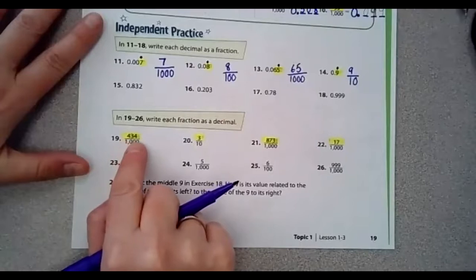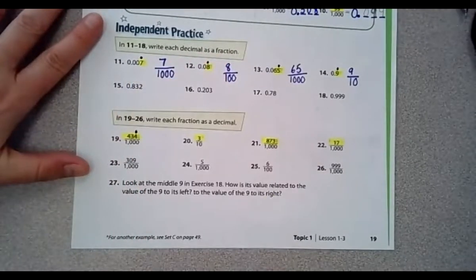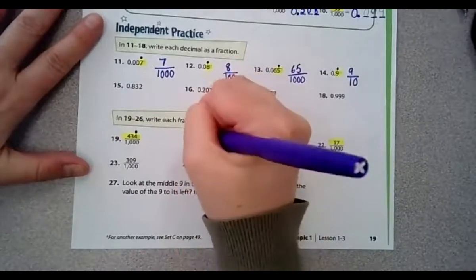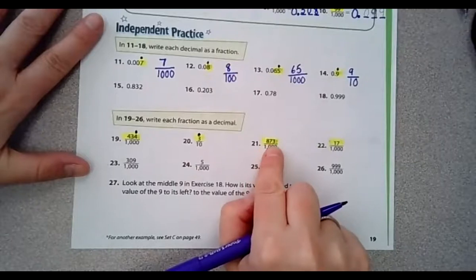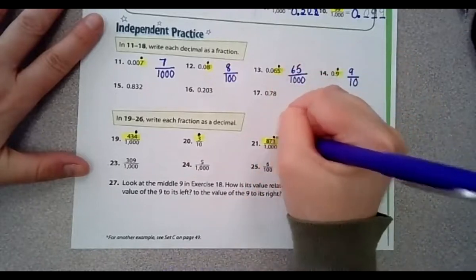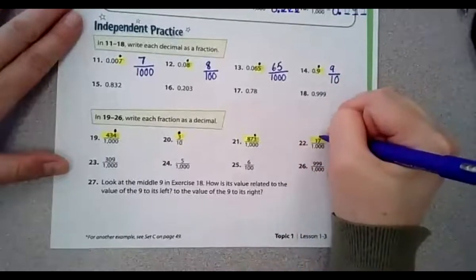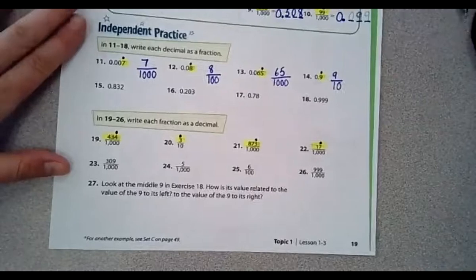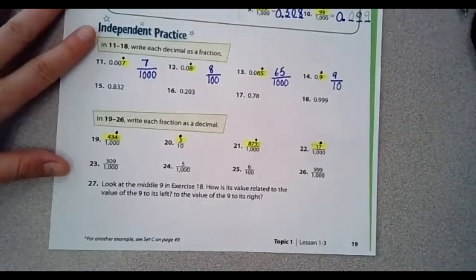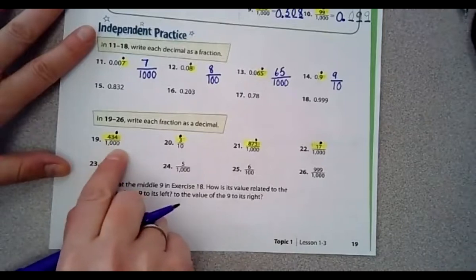So in 434, I'm putting a dot over that last 4. In 3, I'm going to put a dot over the 3. In 873, I'm going to put a dot over the 3. And in 17, I'm going to put a dot over the 7. Okay? And then all you've got to do is just put that number in the denominator place value.